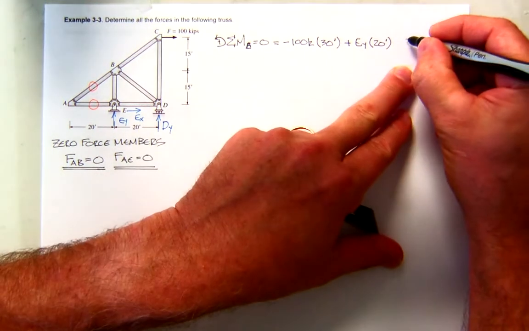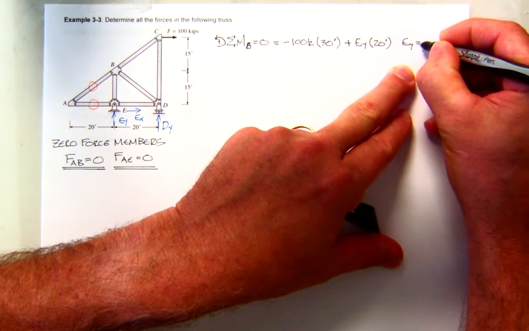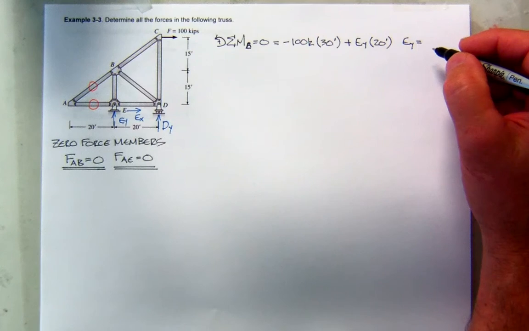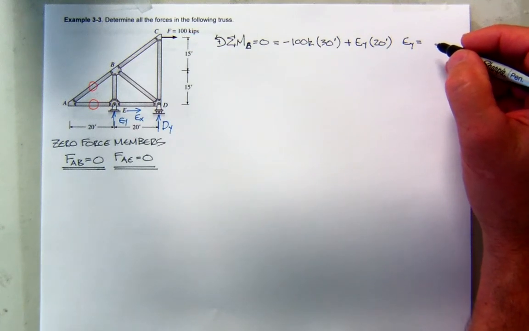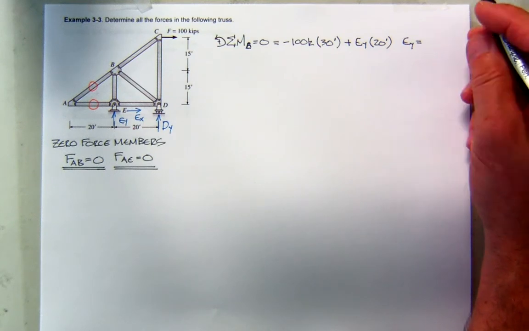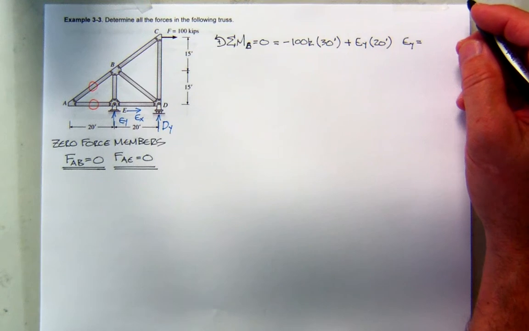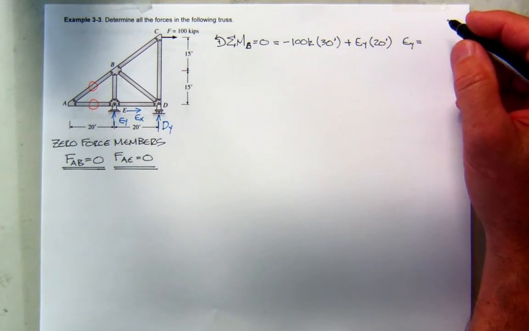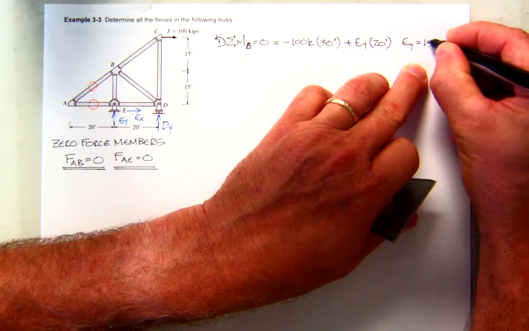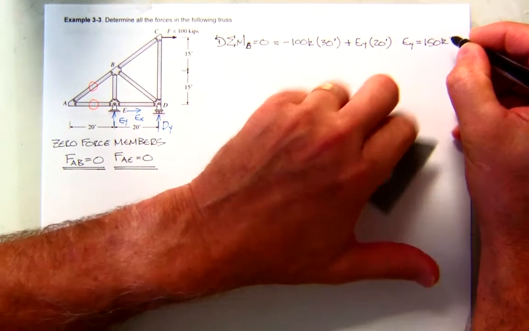So it looks like DY is going to be positive, and it's going to be 3,000 divided by 20. I said 300, I meant 3,000. I think it's 150, isn't it? That'll be kips.